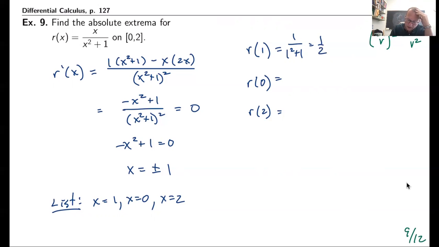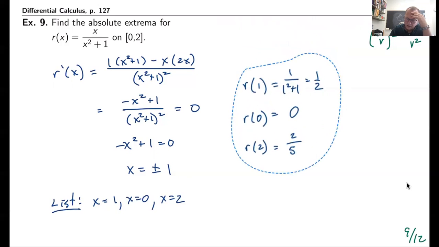Okay. And then the R of 0 will end up being 0, and the R of 2 will be 2/5. And if it would help to do decimal approximations, go ahead and look at those, and you would see that this is 0.5, whereas this one is 0.4.